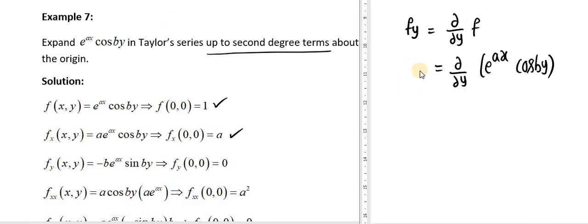Observe, next we are going to find out f_y. That means dou by dou y of f. Dou by dou y of f is e power ax into cos by. Here we are doing with respect to y. That's why e power ax is constant.